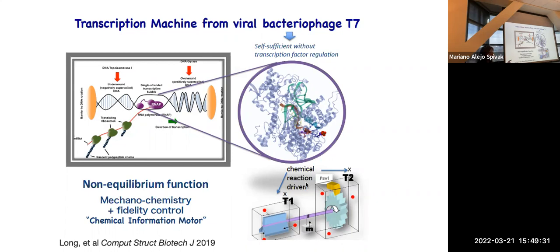Experimentally, people usually use this to synthesize things. We chose this system because it's simple and it had multiple crystal structures at that time. For this transcription machine, as we talked with Zen, the idea of co-transcriptional translation can also happen.